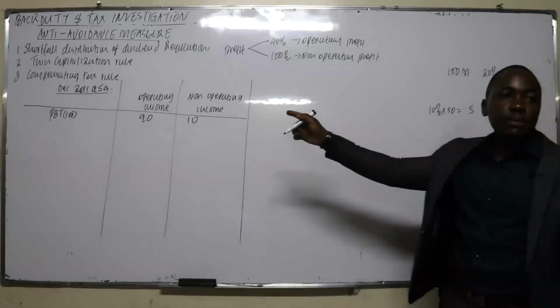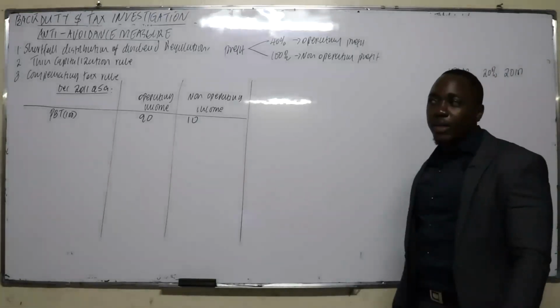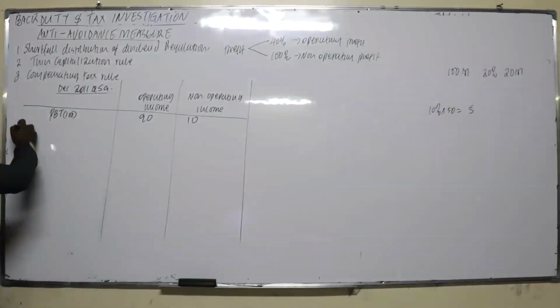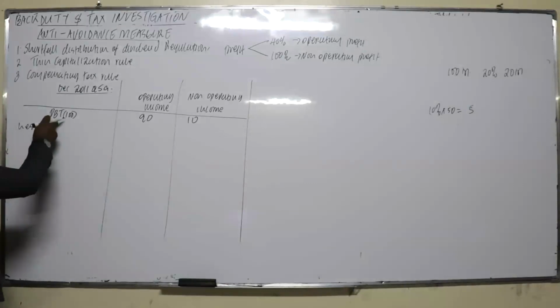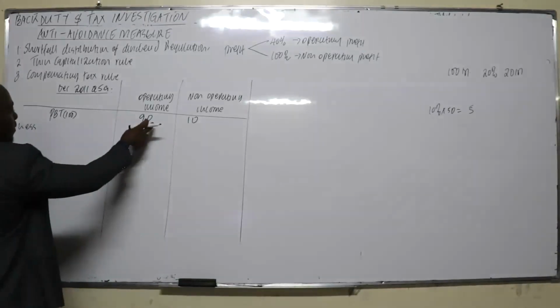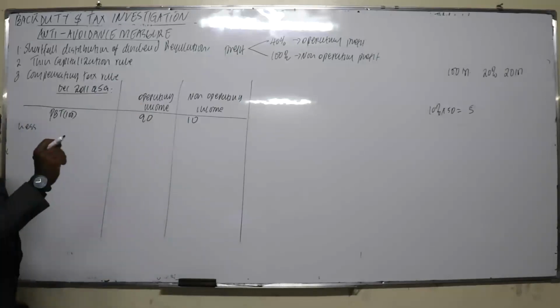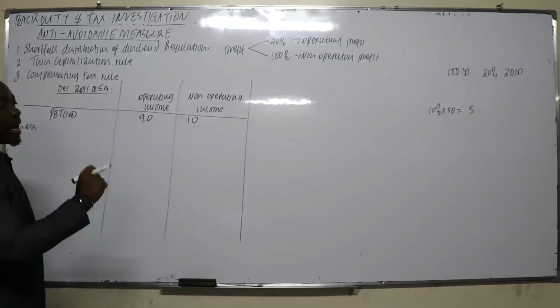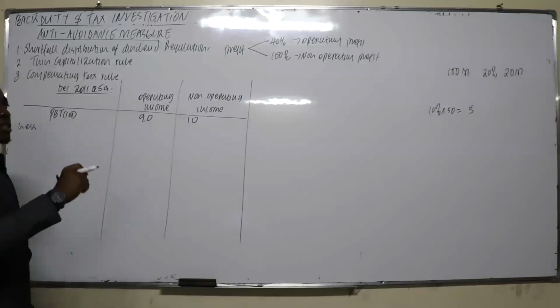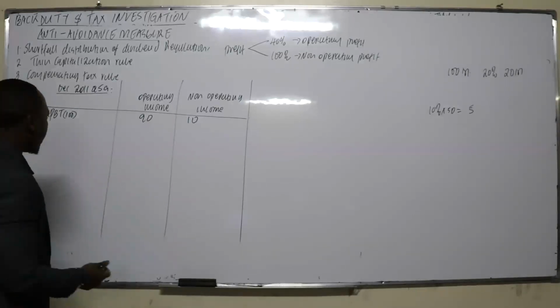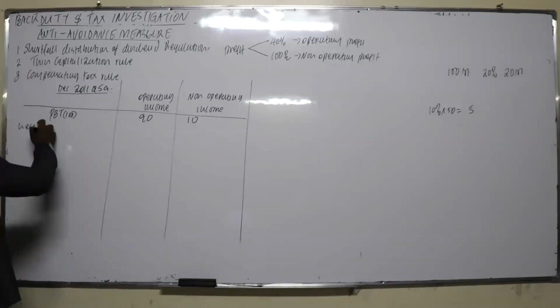So there is an item they never charged. In determining the operating profit, they were supposed to deduct an interest of 5 million, but they only deducted 40%, being the actual amount paid. You don't claim what you paid. You claim what you incurred during the year. Use the accrual basis. You raise interest on loan.